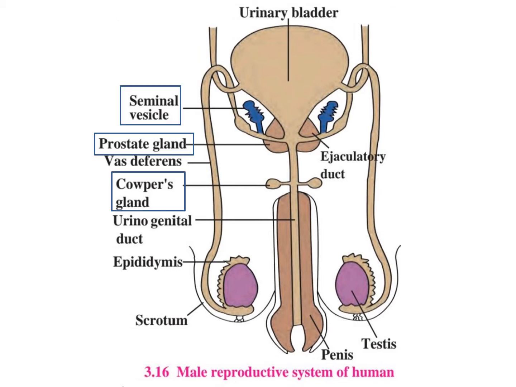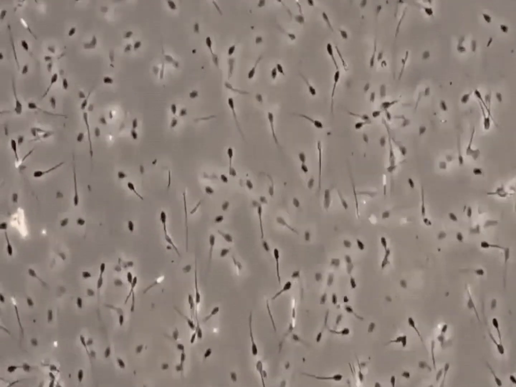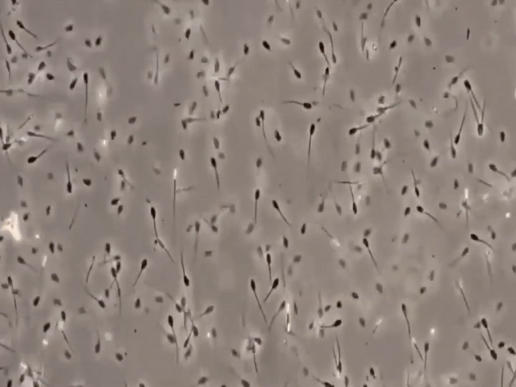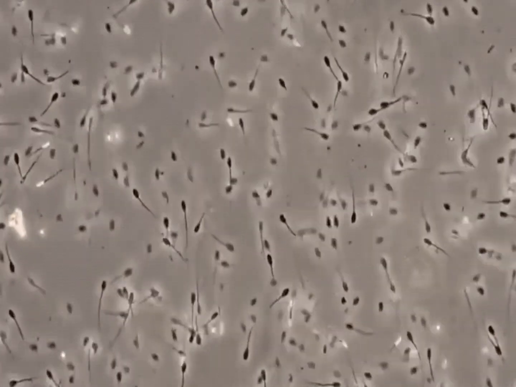So, the sperm, which is now in the urinogenital duct, needs to be in this liquid, which is formed by the secretions of these three glands, that is seminal vesicle, prostate gland, and Cowper's gland. The secretions of these glands along with the sperm form the semen. This is how the sperms move through the liquid content or the liquid semen.